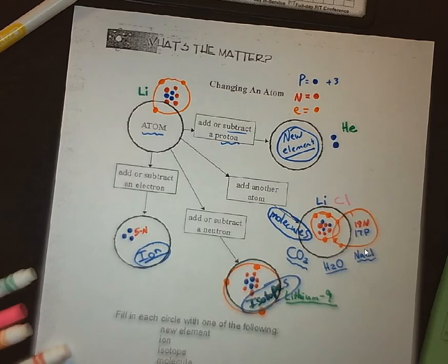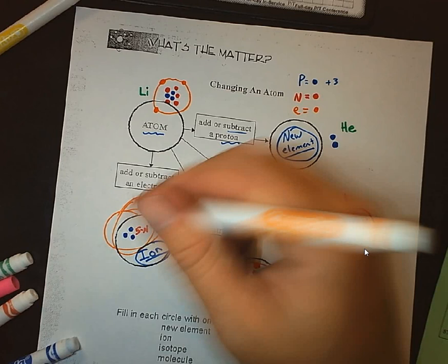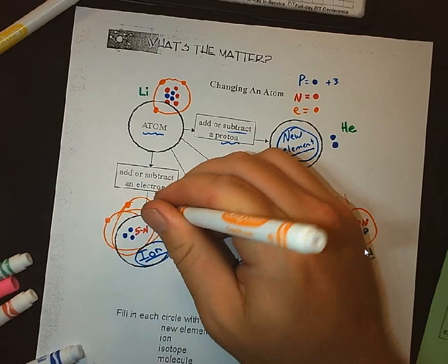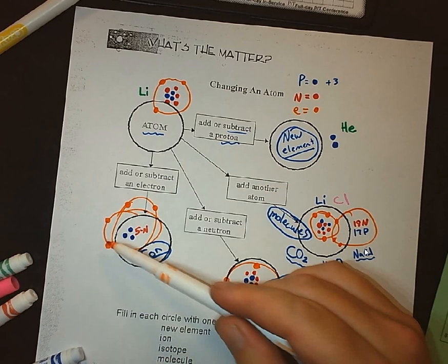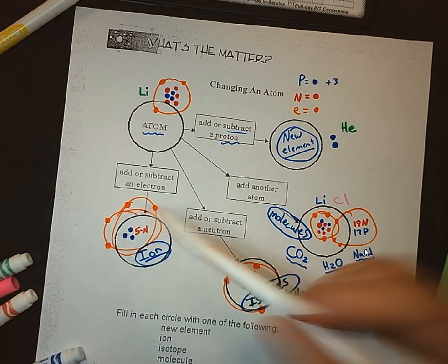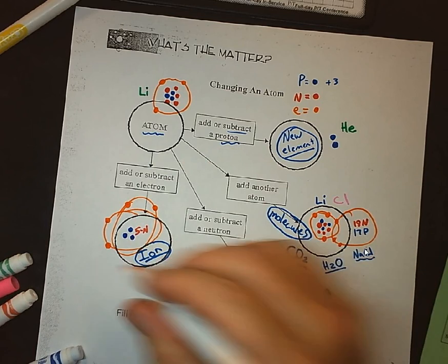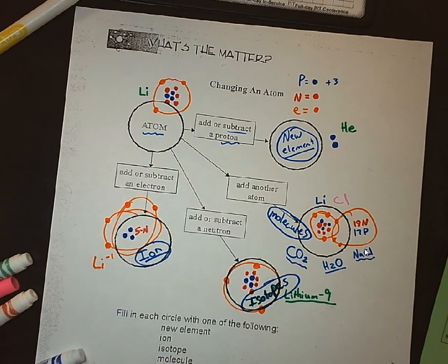Now in our electrons, let's just say in our rings we have 1, 2, 3, 4. Now that we have 4 electrons, there are 4 negatives and 3 positives. That means that this is lithium with a charge of -1. There's an extra negative compared to your positives.